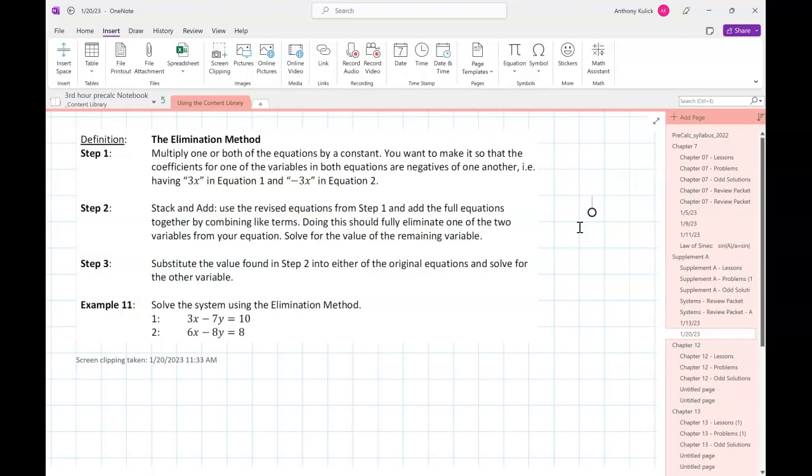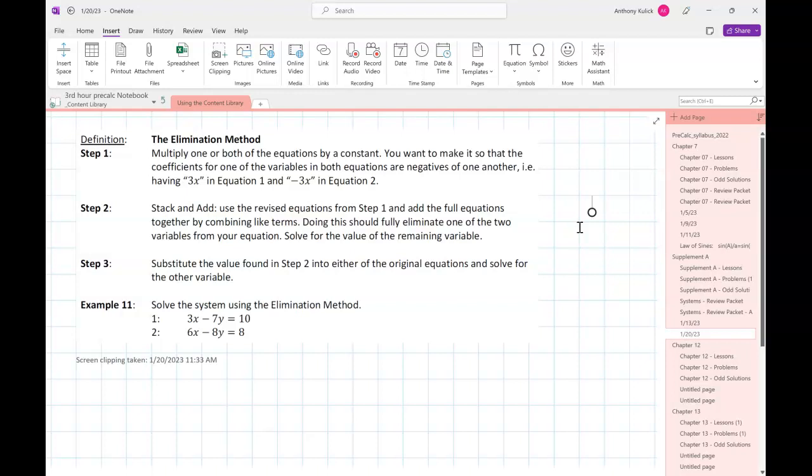The goal in doing that is so that one of our two variables has opposite coefficients. Say I'm wanting to eliminate the x's. After I've multiplied by my constants, I'd want one equation to have 2x and the other to have -2x, right?